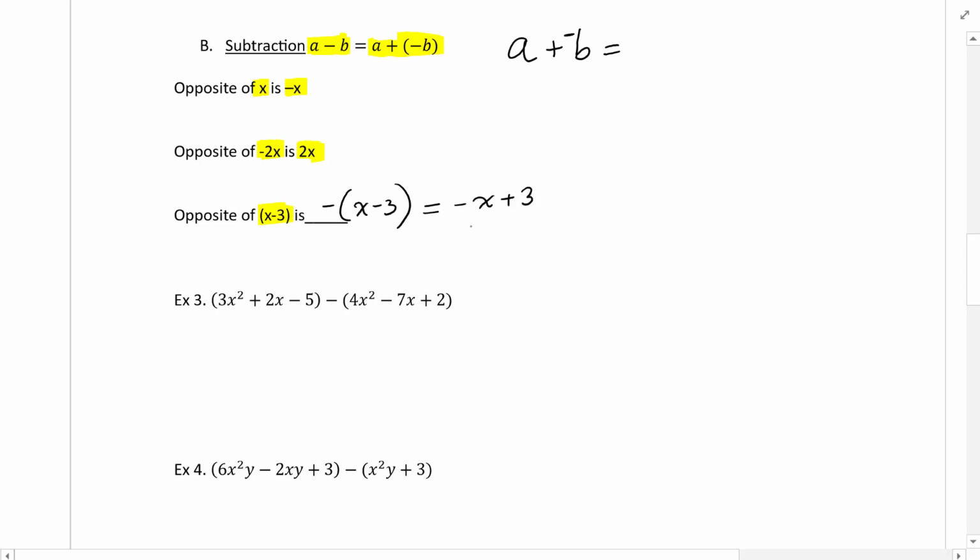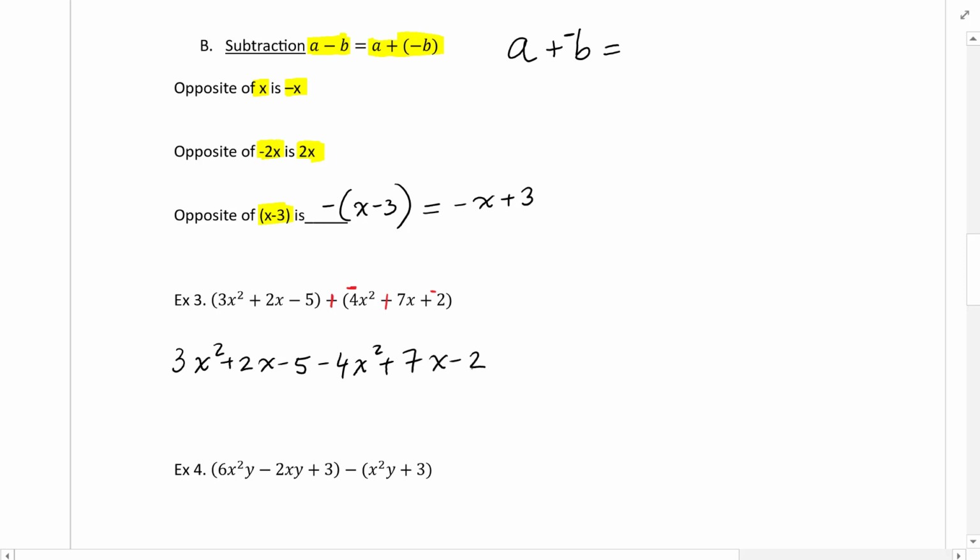So now based on this information, let's do example 3. So 3x squared plus 2x minus 5 minus the quantity 4x squared minus 7x plus 2. So what do we do? We add the opposite. So we change all these signs. So basically our problem is 3x squared plus 2x minus 5 minus 4x squared plus 7x minus 2, right?